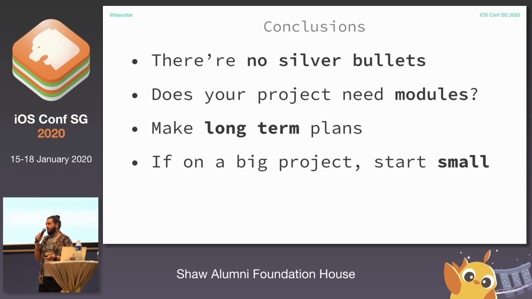If you're working on a big project and you want to modularize it, start small, as we did with the first modules. We didn't move the entire module outside of the app, but we did it in small steps. Like first the data models, then just start migrating other classes, and so on.